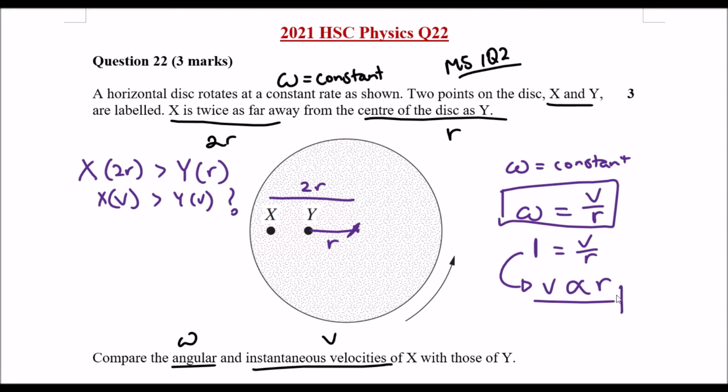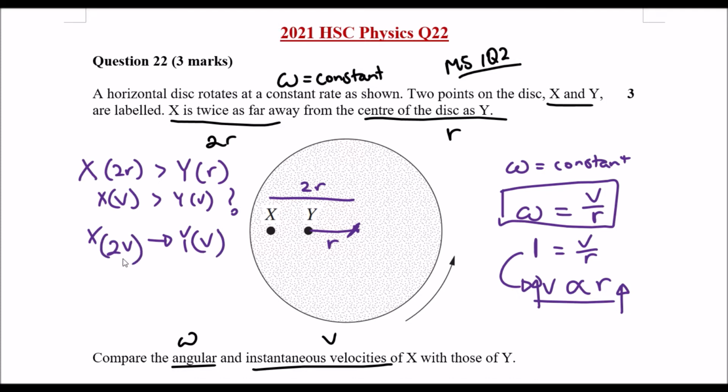Well, if we've increased the radius by 2, then because the instantaneous velocity and the radius are directly proportional, the velocity would also increase by that amount. So overall, x has twice the linear velocity of y. That's how you explain it.